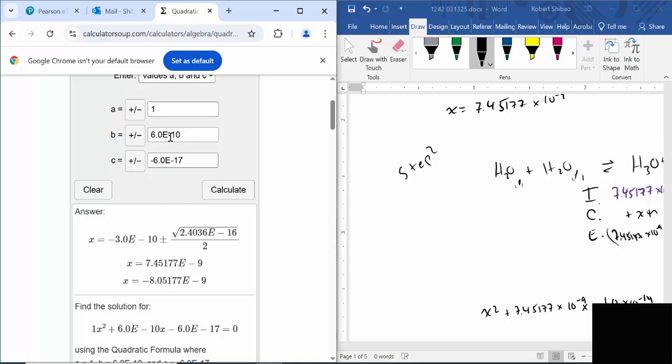I'm going to put here 7.45177 times 10 to the minus 9. And then this one I'll put in negative 1 times 10 to the negative 14.